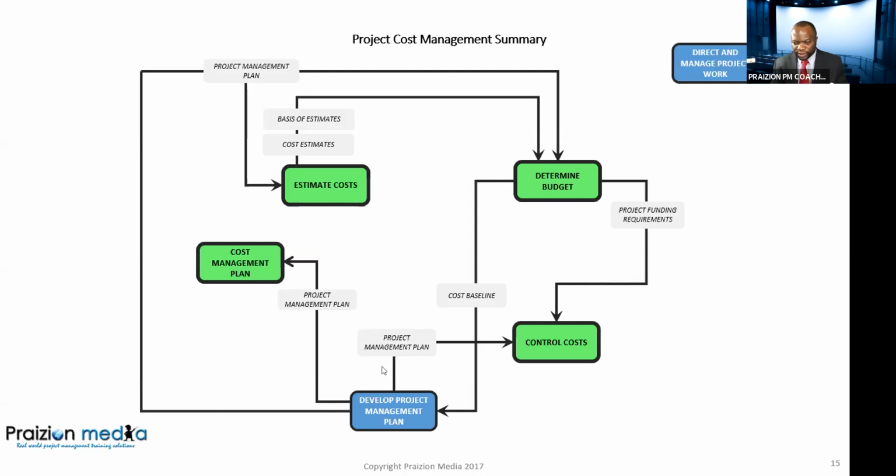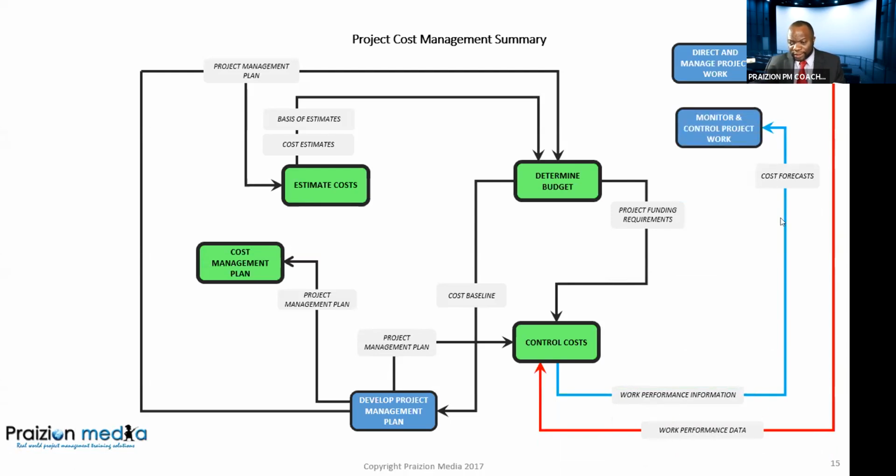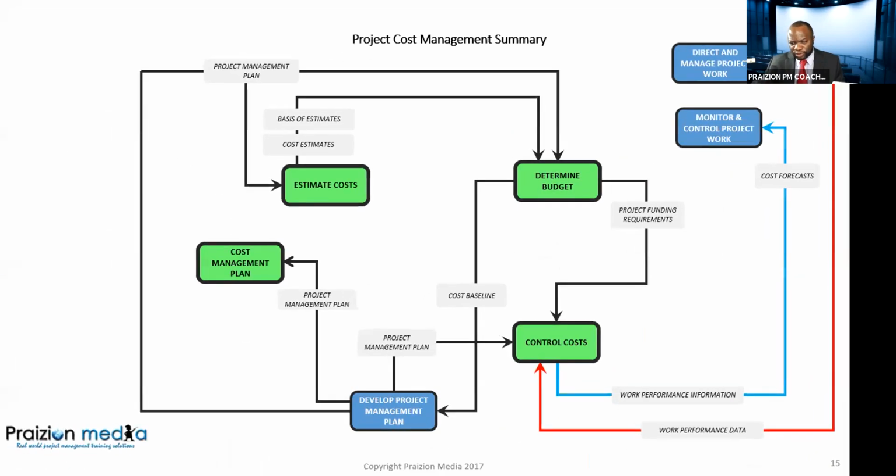So that is a significant input to control cost, project funding requirements. And then you have direct and manage project work, as usual, fueling anything in monitoring and controlling outside of integration with work performance data. And then in turn, you have control cost giving work performance information and cost forecasts to monitor and control project work.